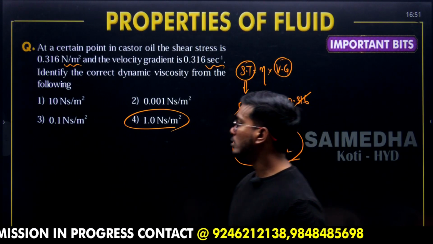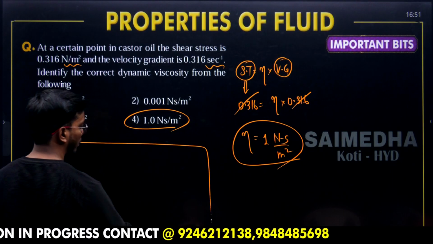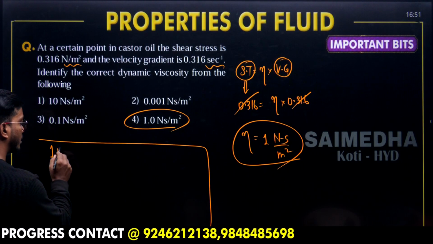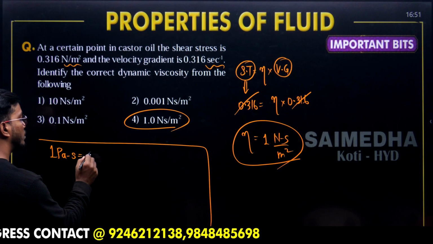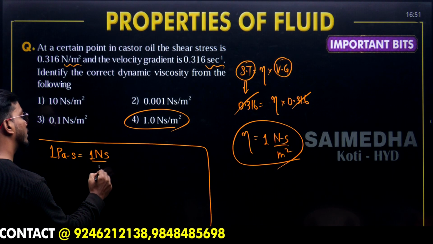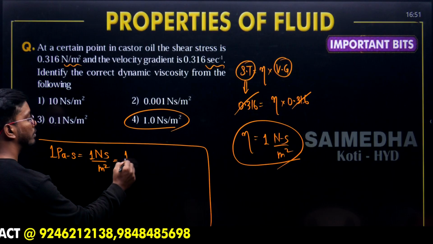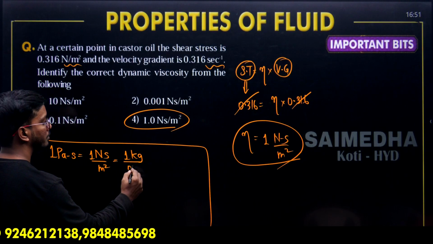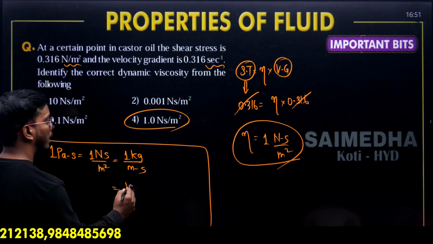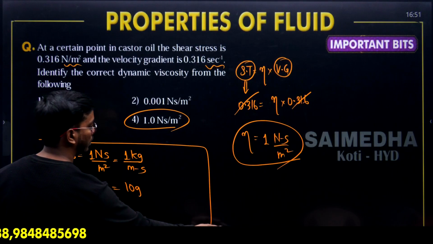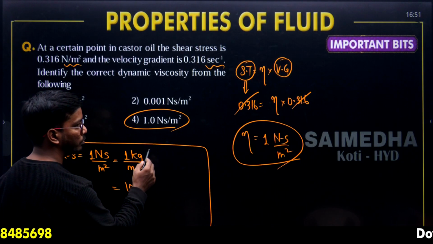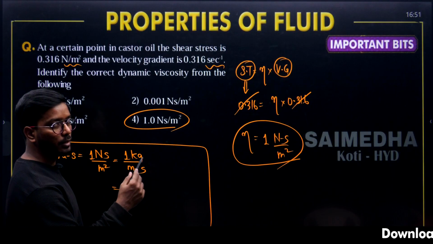Let me give you all the viscosity units at one place. 1 Pascal second is equal to 1 Newton second per meter square is equal to 1 kg per meter second is equal to 10 gram per centimeter second, because kilo is 10 cube, 10 cube divided by 10 square is 10.